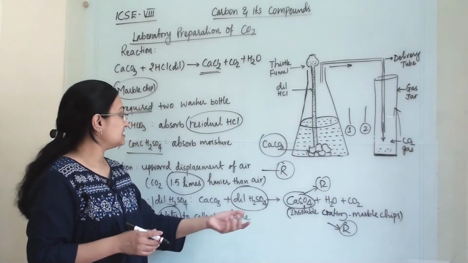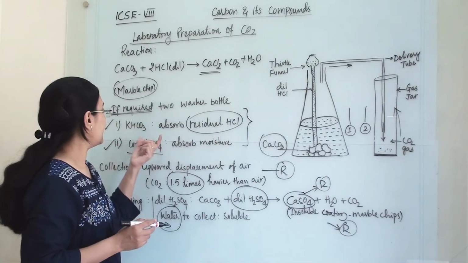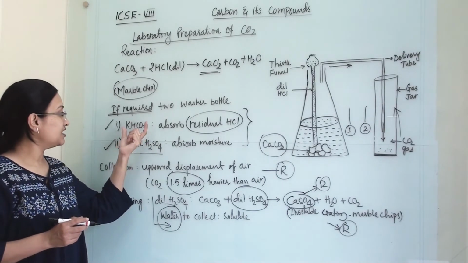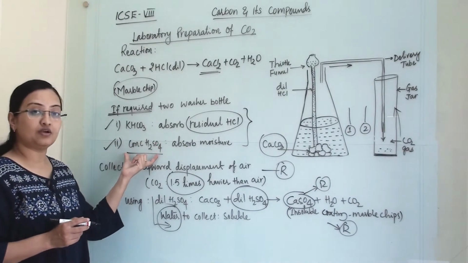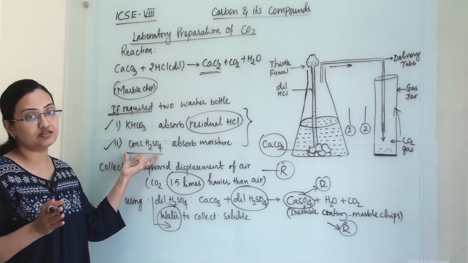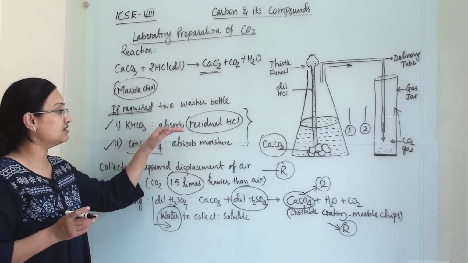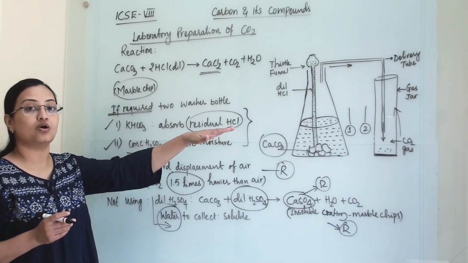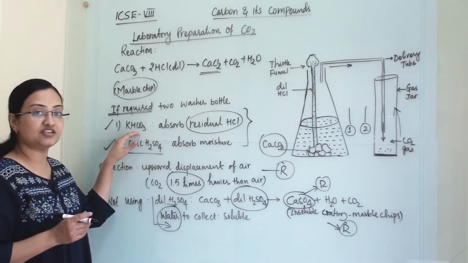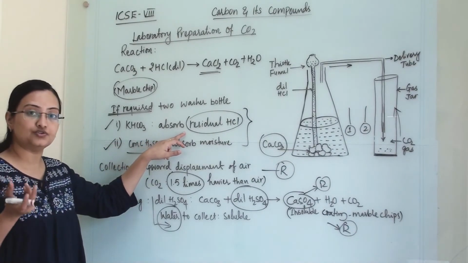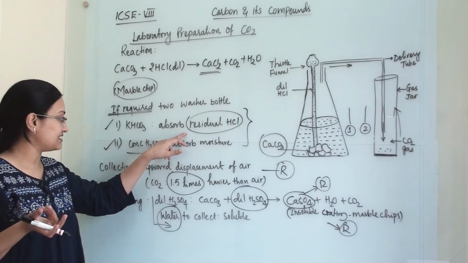Along with these reasons, this also can be asked: when do we require a potassium bicarbonate washer bottle and when do we require a concentrated sulfuric acid washer bottle? We can write the reason that when residual impurities come along with carbon dioxide, we can arrange a potassium bicarbonate washer bottle, which will absorb the residual hydrochloric acid.